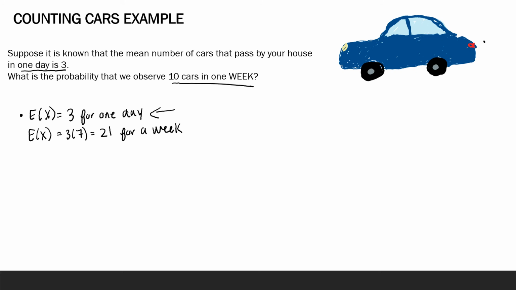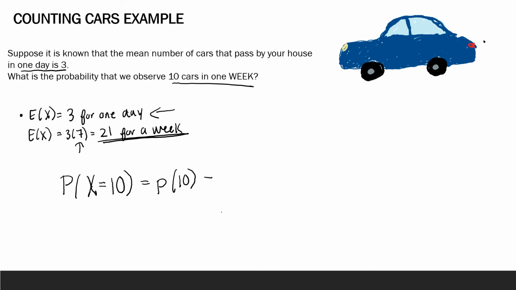So here, the mean or expected number of cars that will pass by in a week would be 3 times 7, or 21 in a week, because you have 7 days in a week. Now the question we asked is, what is the probability we observe 10 cars in a week? Thus, we are solving for the probability that x equals 10, or in our case, you can just write probability of 10.